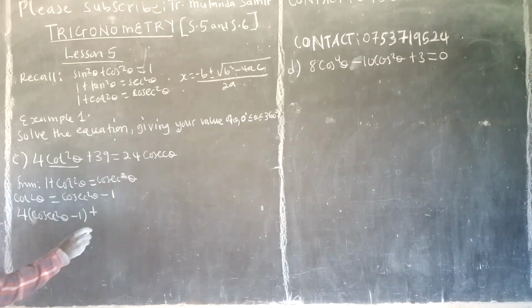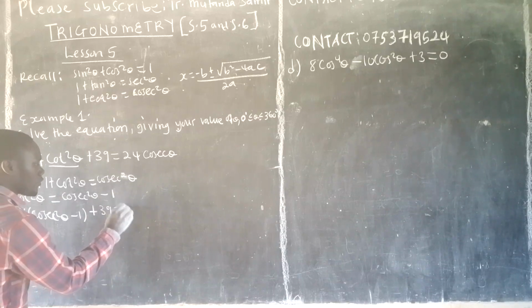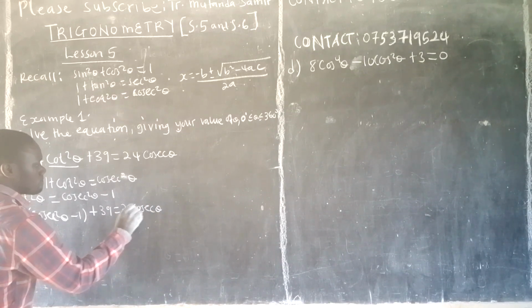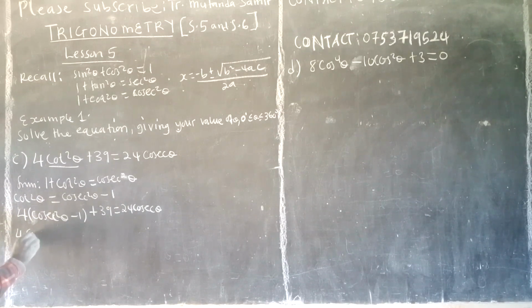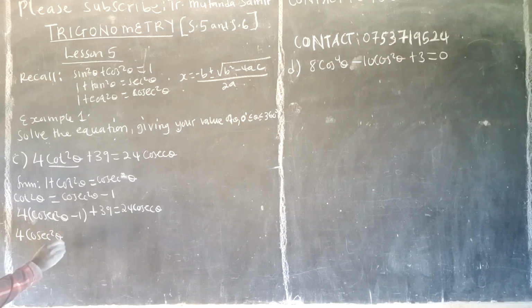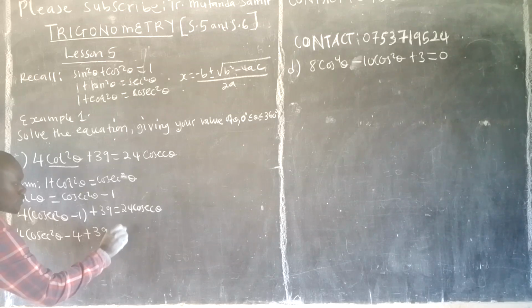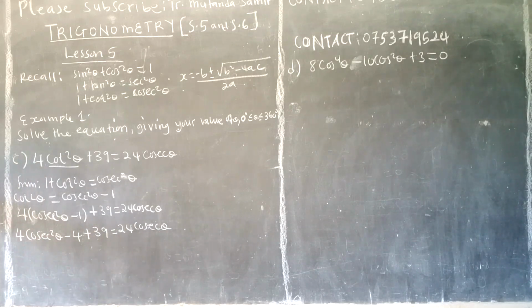plus 39 is equal to 24 cosec theta. Here we're going to multiply, it will be 4 cosec squared theta minus 4 plus 39 is equal to 24 cosec theta.